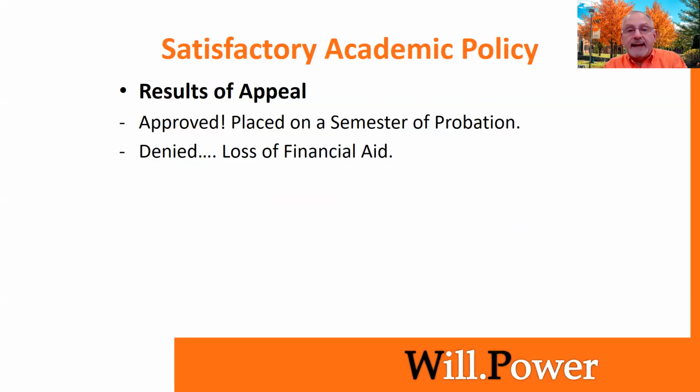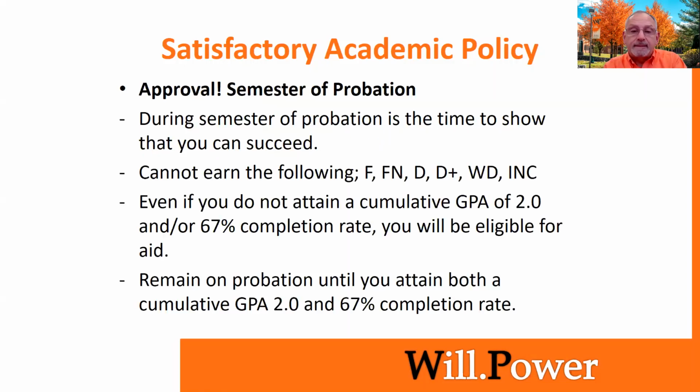And you can't earn an F or FN or D or D plus or WD or incomplete grade during that semester of probation. If your appeal is denied, you will lose your financial aid eligibility. So the approval during the semester of probation is the time to show that you can succeed. And as I said, you can't earn these grades.